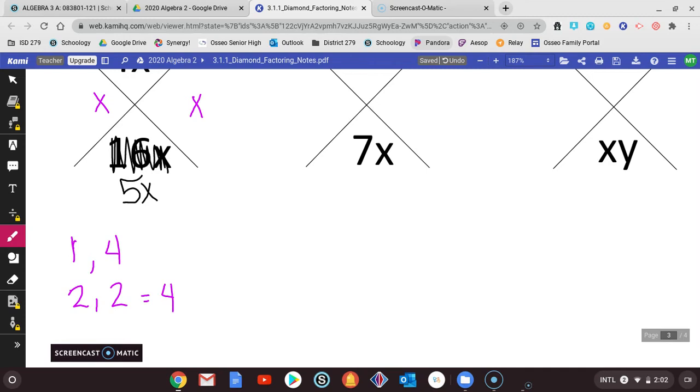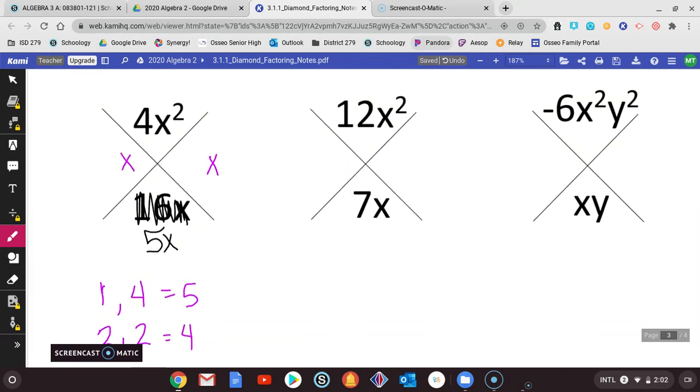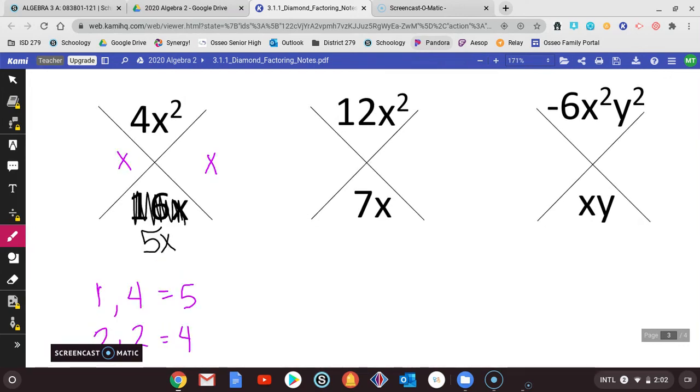Well, this adds to a 4 and this adds to a 5. Well, if we want a 5, that means we need 1x and 4x. Now, if you knew 1x is the same as x, then we're good. You didn't need to write the 1. It's not wrong if you put the 1, but we don't need it.